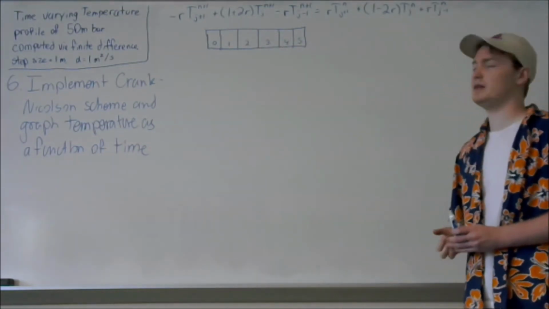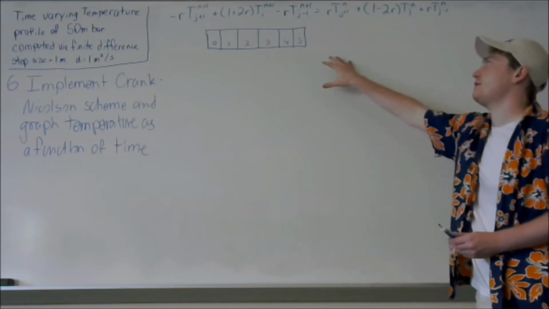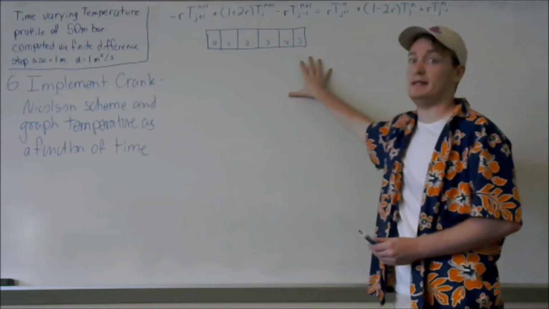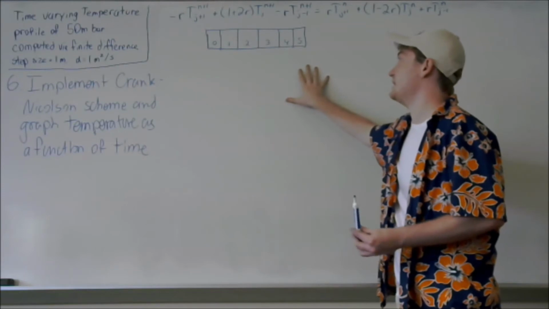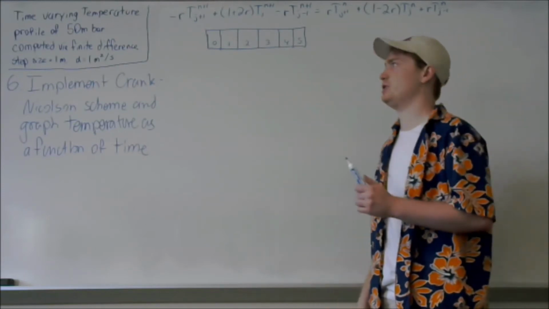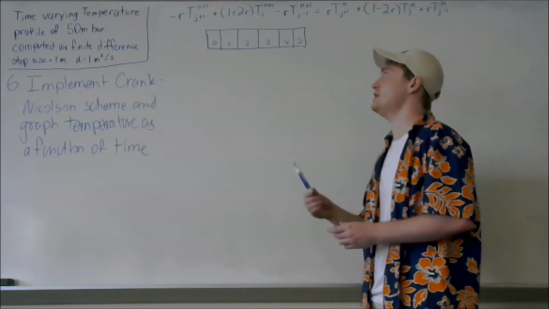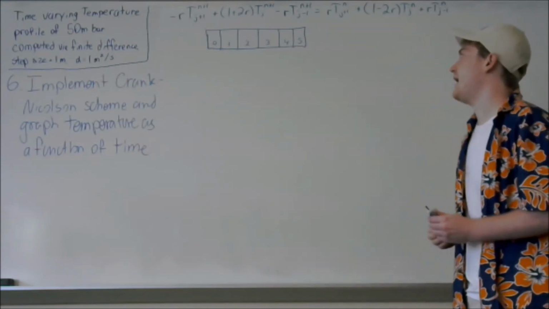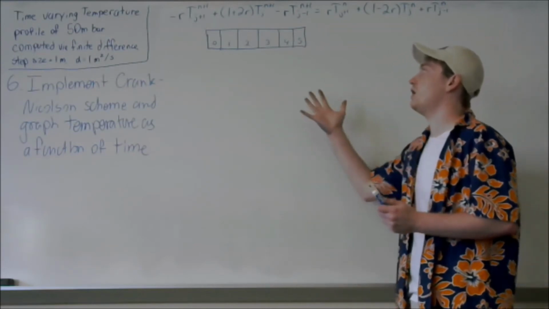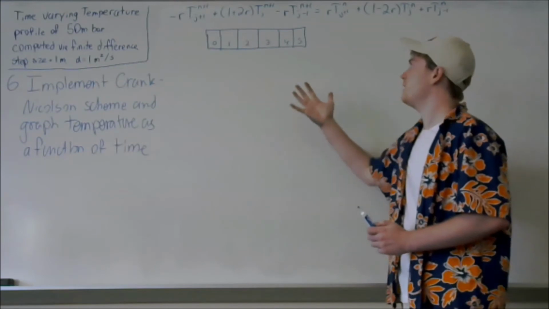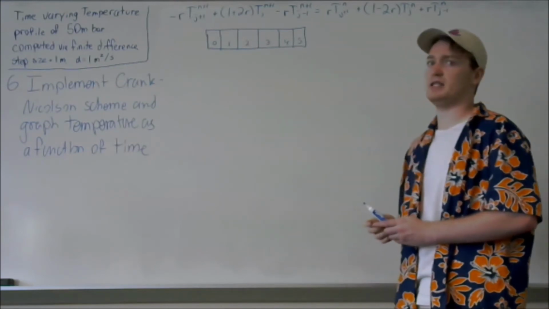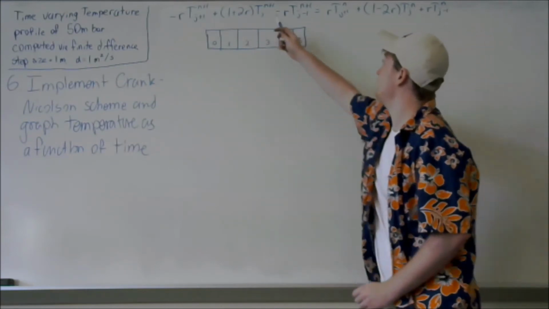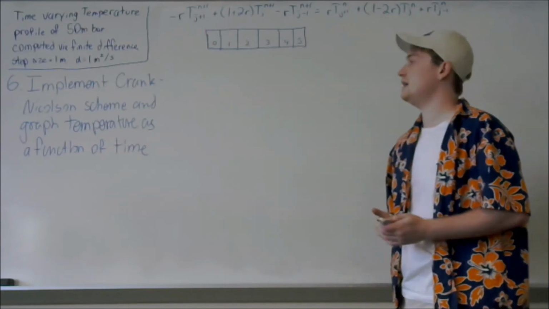Now each part has a temperature, and that temperature is described by the time at which it was looked at and the position it is in. Now how are we going to explain all of those temperatures for all of those positions at the times n+1 and n?